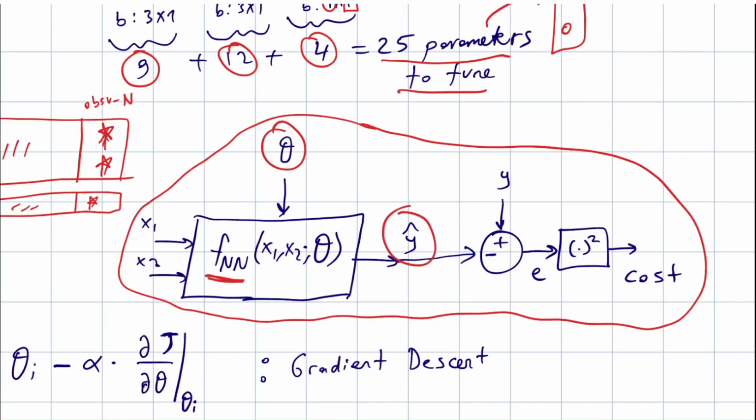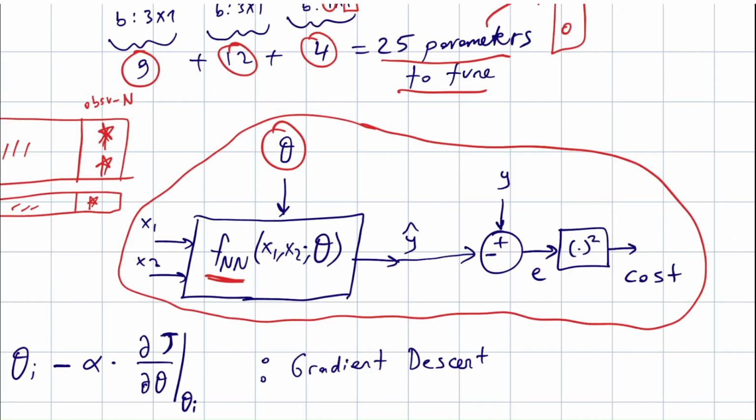What we have is the estimate of that function. You can call this your model. This is y estimate, and this is y true, and you can subtract them and get the error, and square the error, and you get the quote unquote cost.